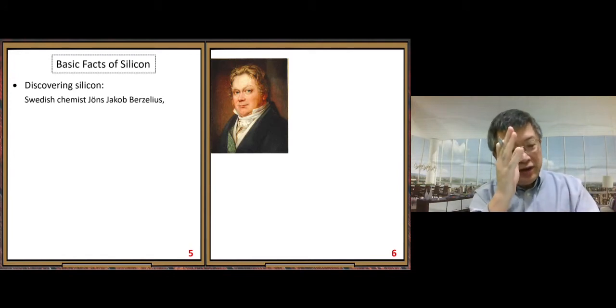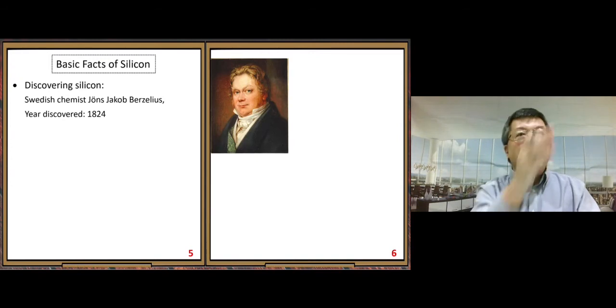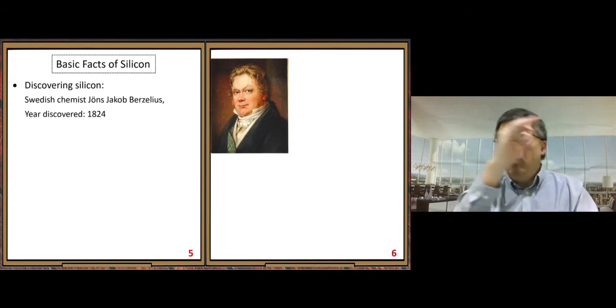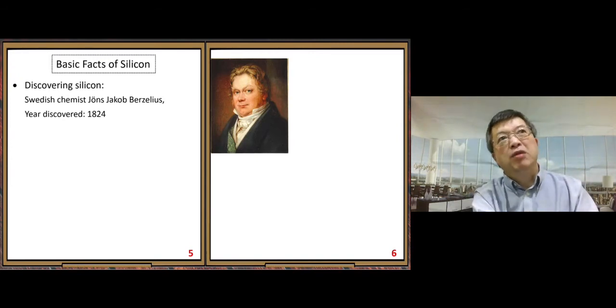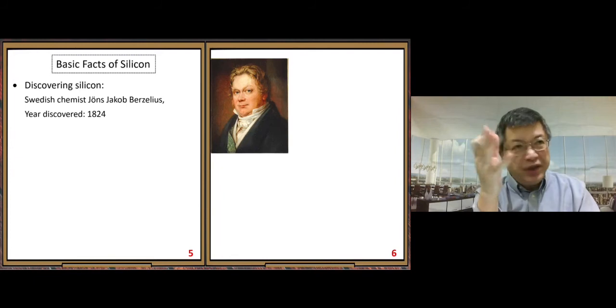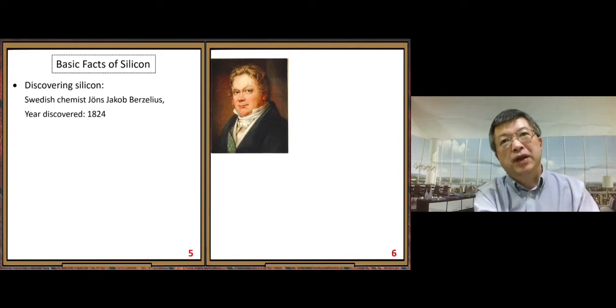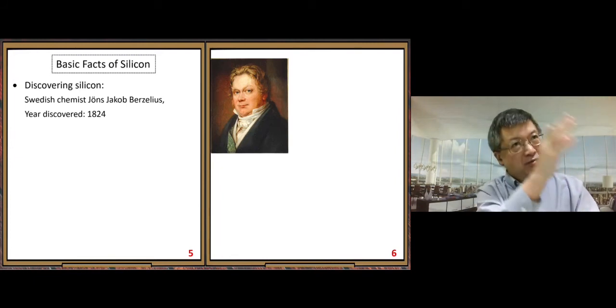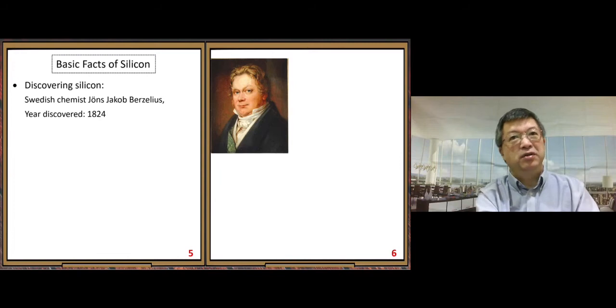In which year was it discovered? 1824, approximately 200 years ago. Nearly 200 years ago. The silicon element in chemistry.